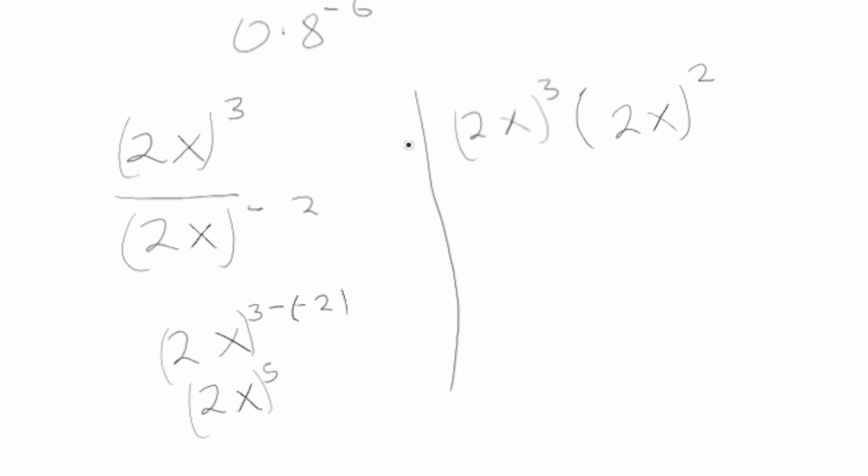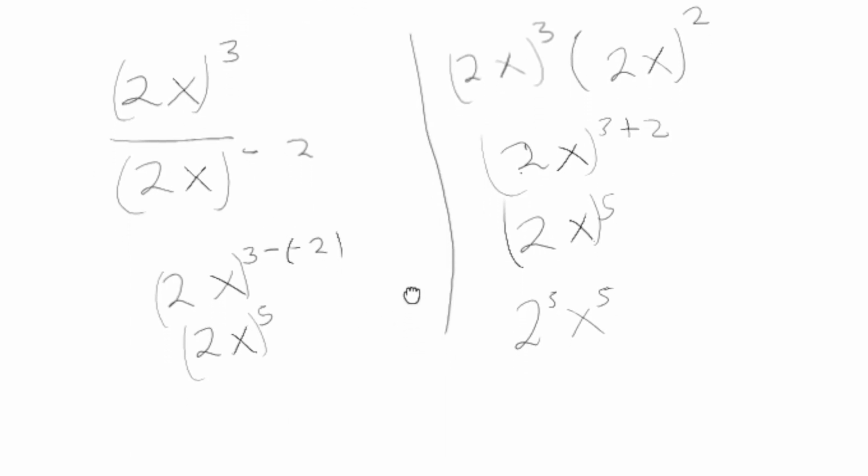So now this becomes 2x exponent 3 plus 2, and you get your 2x exponent 5 in your parentheses. If you did not bring the parentheses, then it should be 2 exponent 5 times x exponent 5. Don't get confused with this. Just understand the concept, understand the basic rules, and then you'll be good to go.